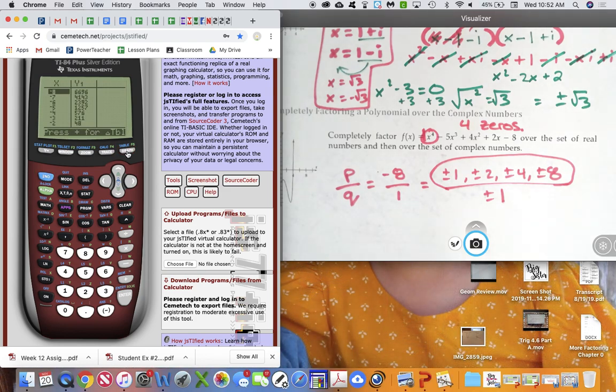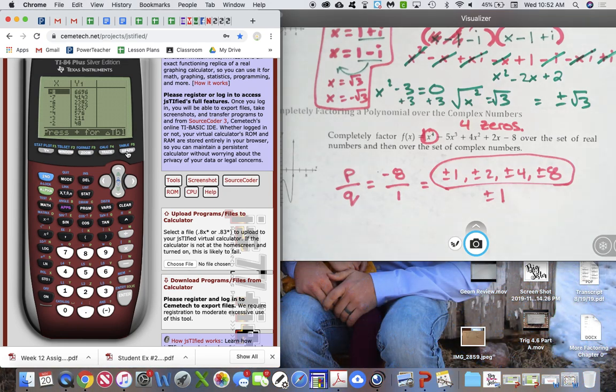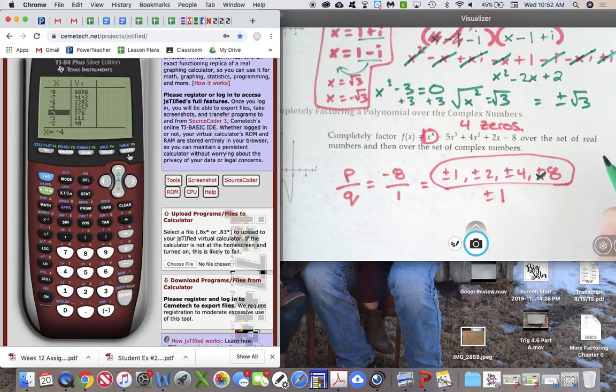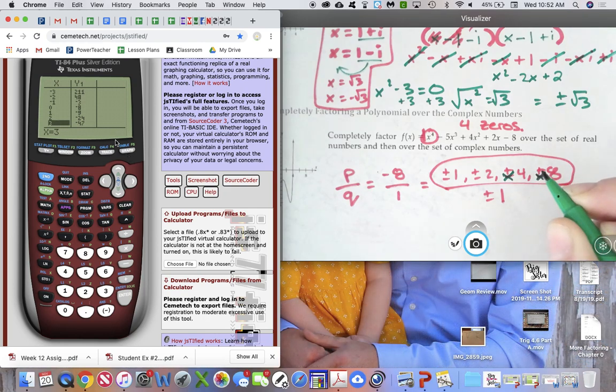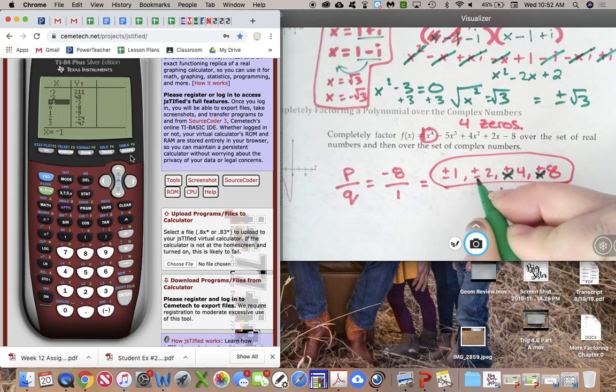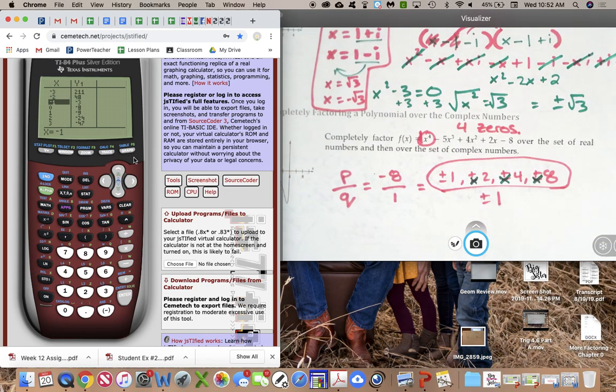Does -8 work? No. Does -4 work? No. Does -2 work? No. Does -1 work? It should say 0, but mine does not say 0.